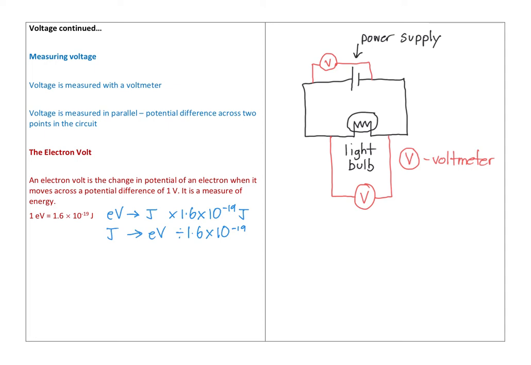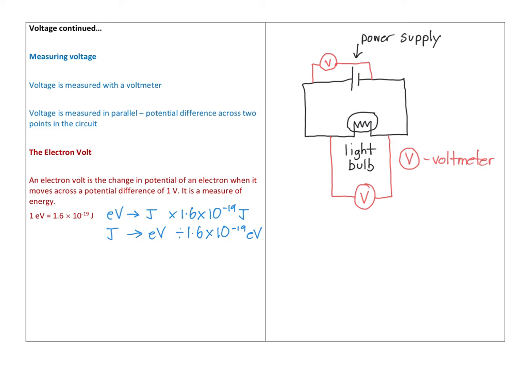That will give you your answer in electron volts. I don't know if putting the units in made it more confusing, but just remember: electron volts to joules, multiply by 1.6 times 10 to the minus 19; joules to electron volts, divide by 1.6 times 10 to the minus 19.